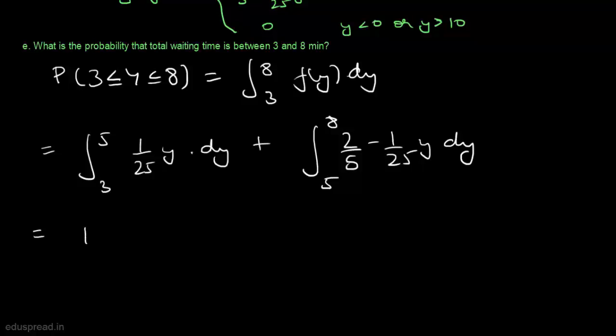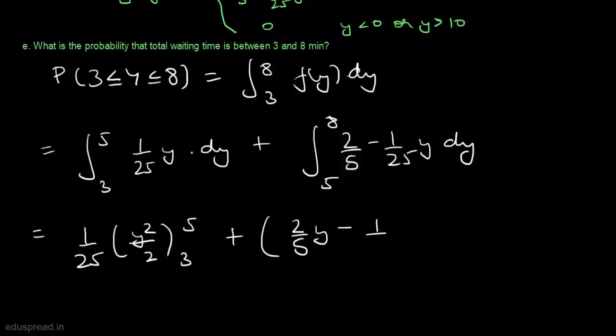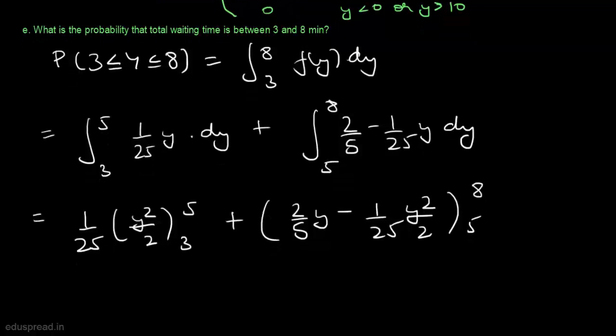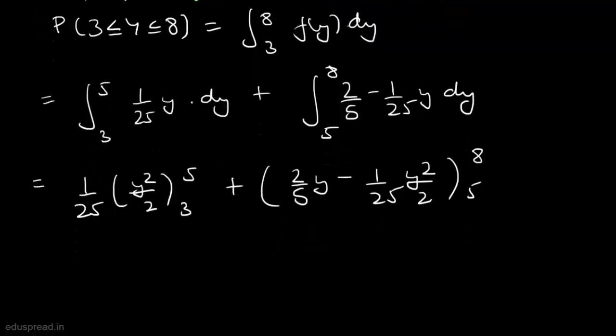This is equal to 1 divided by 25 times y squared divided by 2, with limits 3 and 5, plus 2 divided by 5y minus 1 divided by 25 times y squared divided by 2, with limits 5 and 8. I'm sure you can solve it now, and solving this we will get 0.74. So this is the answer that we will get for part E.